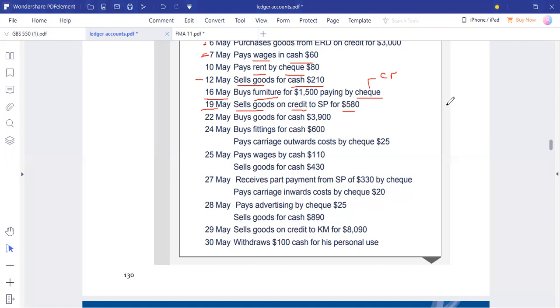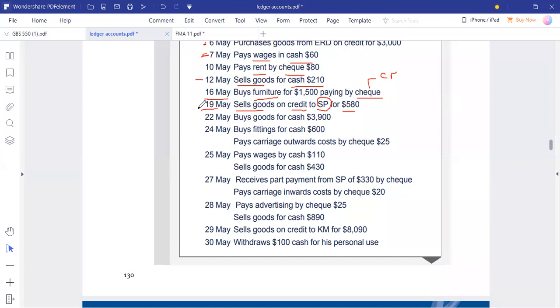And then the creditors account for SP is supposed to be credited because the creditor has a credit balance. So if we sold to SP on credit, is he our creditor or our debtor? No. He's actually supposed to be our debtor because he's owing us. So we are actually supposed to debit SP and credit the sales account.